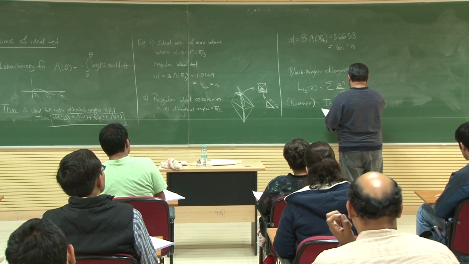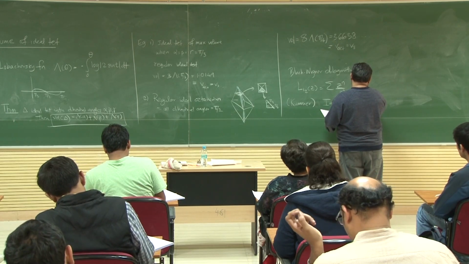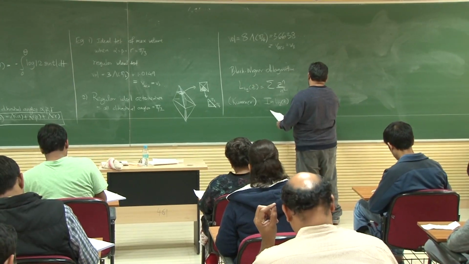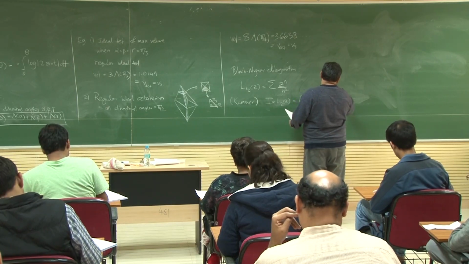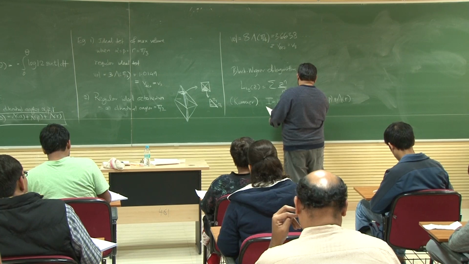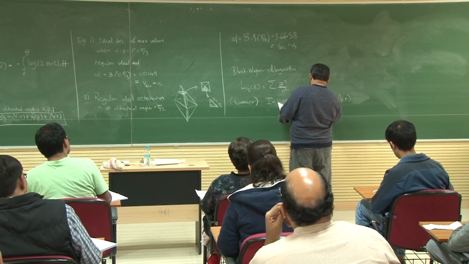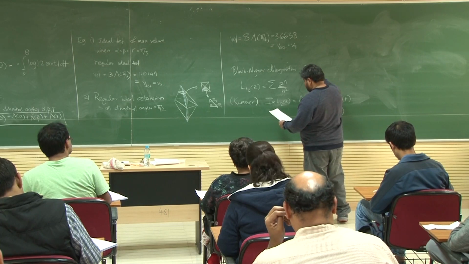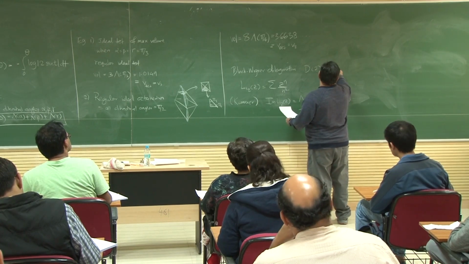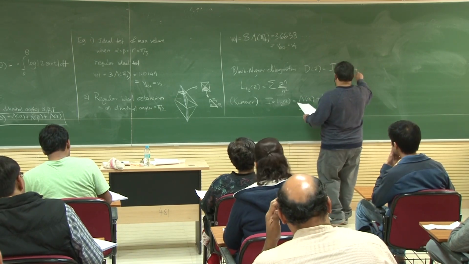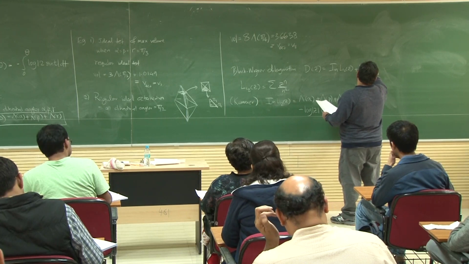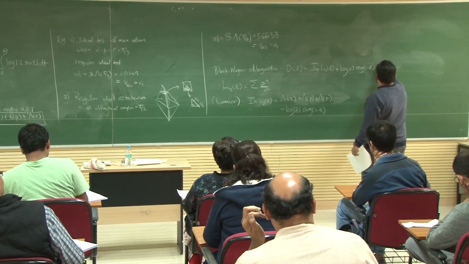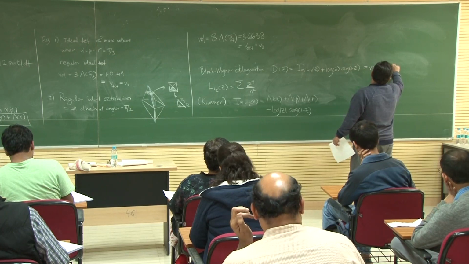So the Bloch-Wigner dilogarithm is defined as D of z equal to the imaginary part of the dilogarithm, plus a correction term, and this equals the volume of your ideal tetrahedron.